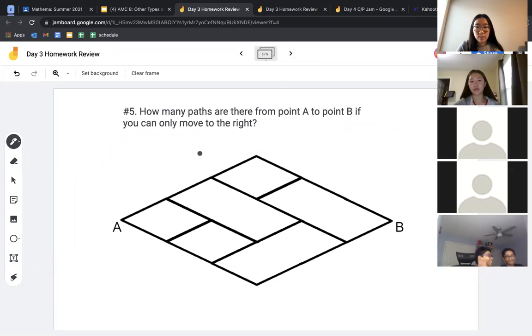All right, last question. How many paths are there from point A to point B if you can only move to the right? Okay, I see a 20.